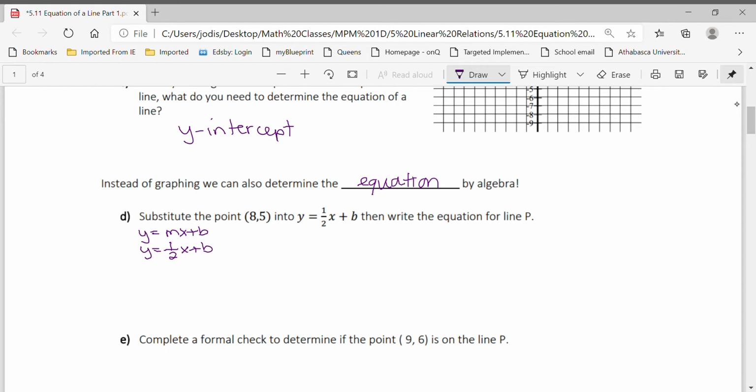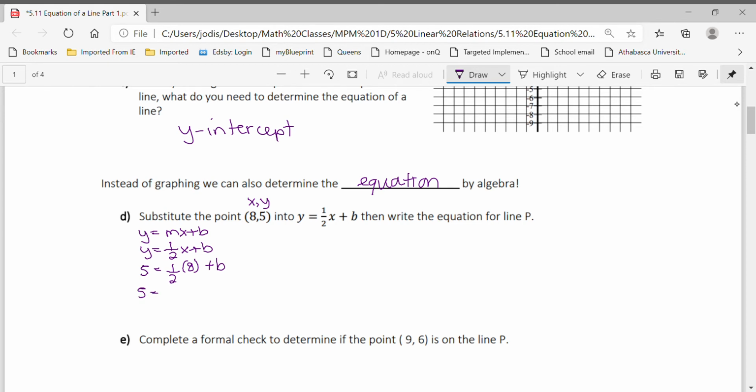So we know the slope is 1/2, and we know this point. This point is telling us an x and a y coordinate. So here, wherever we see the y, we're going to plug in 5. And for our x, we're going to plug in 8. And then we're just going to leave our plus b because we're going to solve for b.